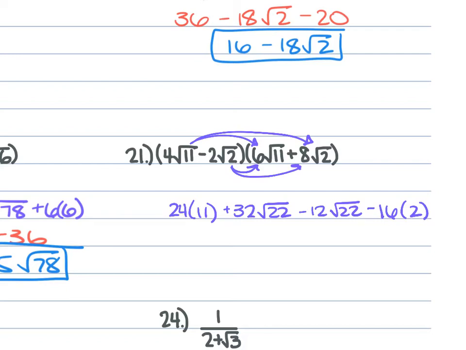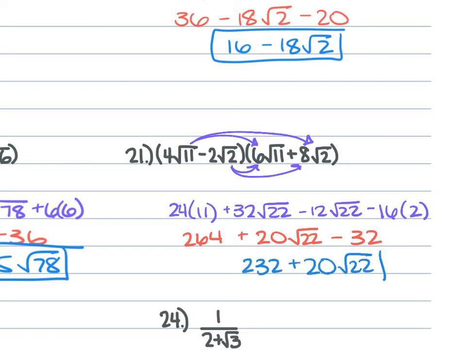So for the 24 times 11, it's going to give us 264. The 32 minus 12 is 20. Keep the square root of 22. And the 16 times 2 is 32. So 264 minus 32 gives us 232 plus 20 square root 22.